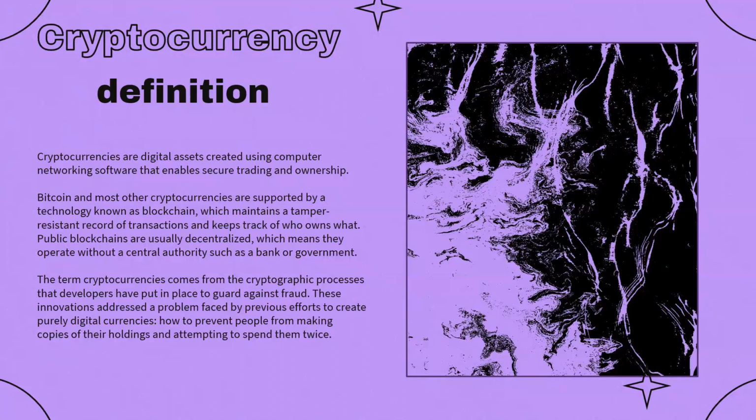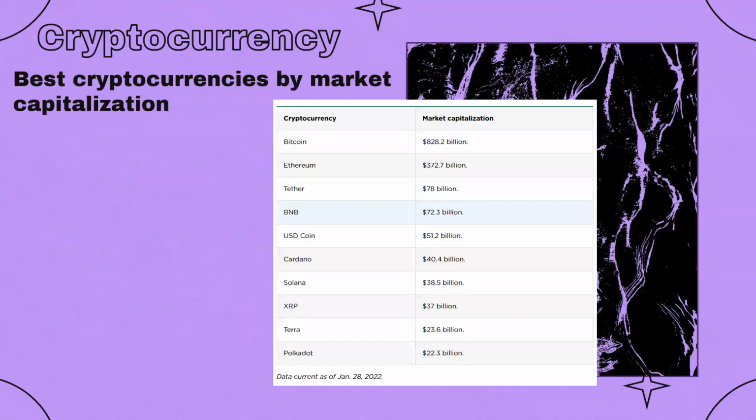The term cryptocurrencies comes from the cryptographic processes that developers have put in place to guard against fraud. These innovations address a problem faced by previous efforts to create purely digital currencies: how to prevent people from making copies of their holdings and attempting to spend them twice.